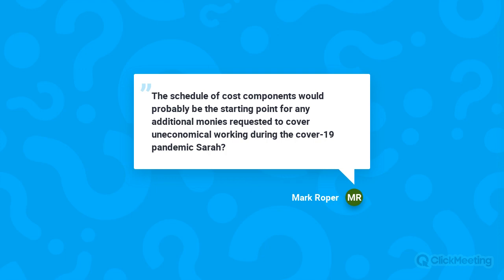COVID-19 pandemic. Yes, I mean, if you were listening to the webinar that we did a couple of weeks ago on COVID-19, we were looking at claiming under predominantly compensation event 19, which is that funny one. It's sort of the force majeure, but it doesn't talk about force majeure.